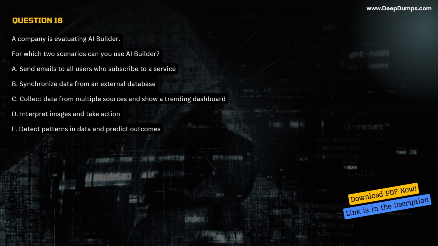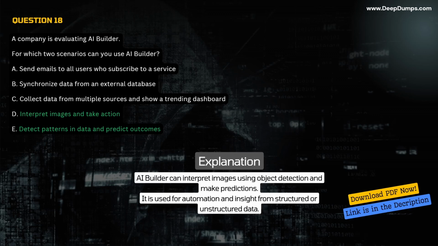E. Detect patterns in data and predict outcomes. Correct answer D and E. Interpret images and take action. Detect patterns in data and predict outcomes. Explanation. AI Builder can interpret images using object detection and make predictions. It is used for automation and insight from structured or unstructured data.